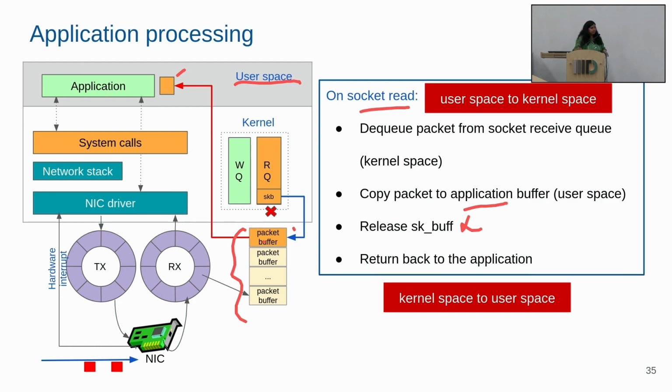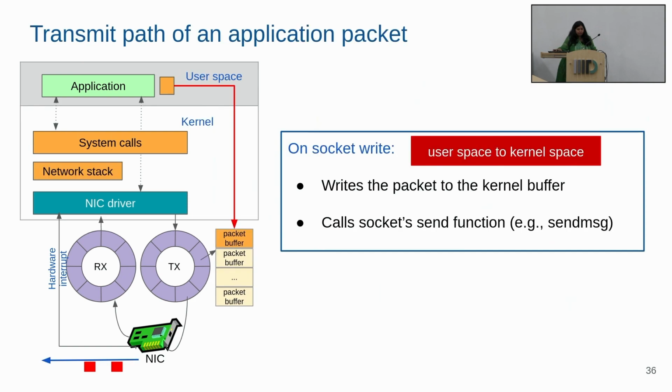So we'll have to release it, but we'll also have to unlink the other processes who are accessing it. And then return back to the application. Returning back to the application means you move from kernel space back to user space, and that means your receive process is over. So this was the entire path from the packet coming to the NIC up to being received by the application. Now let us look at the reverse path, which is the transmit path.